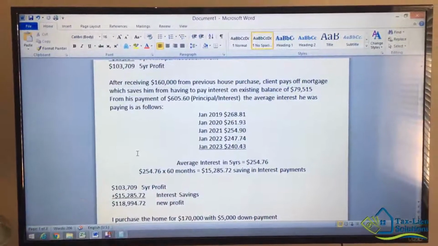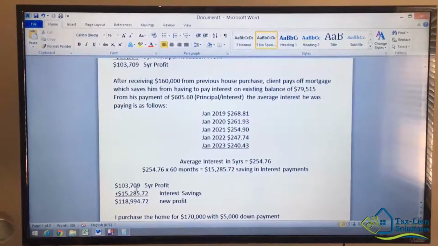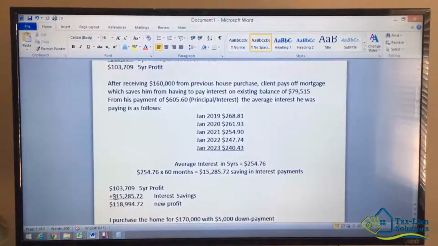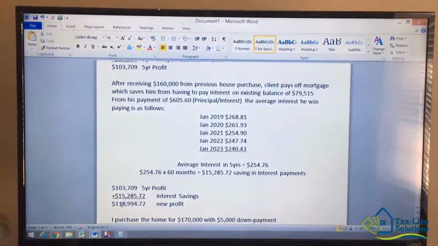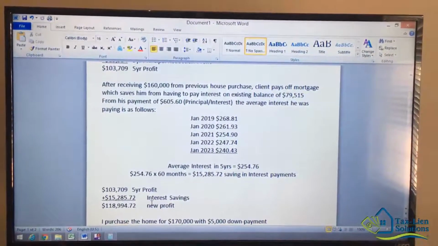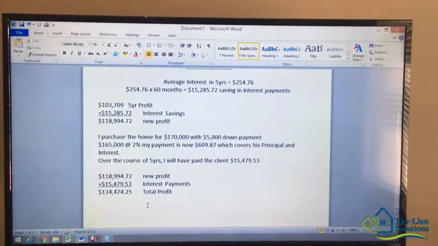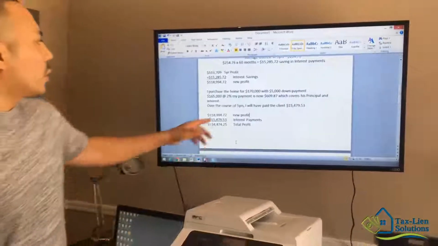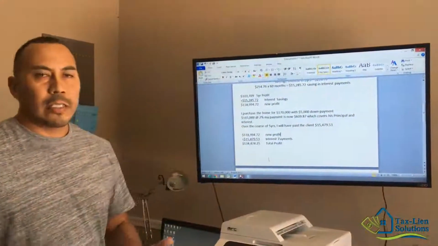So we're going to add that to his already $103,709 5-year profit. And then his interest savings, $15,285. His new profit will now be $118,994.72.